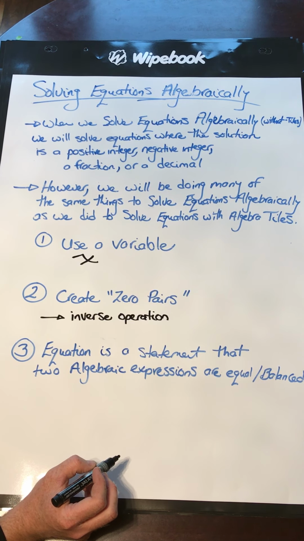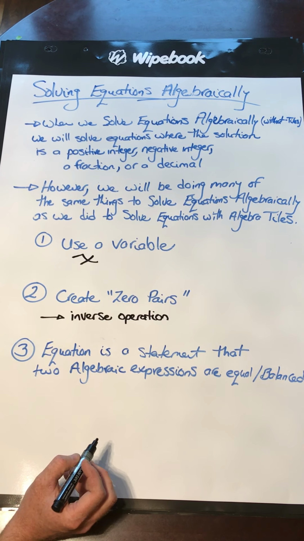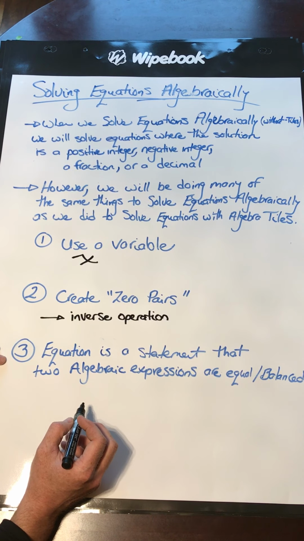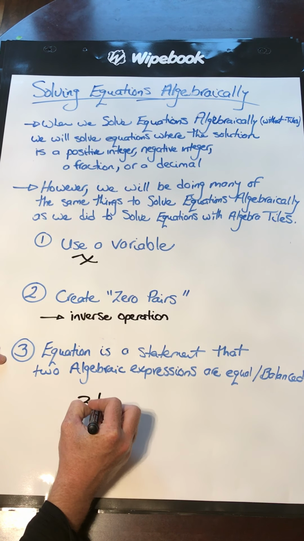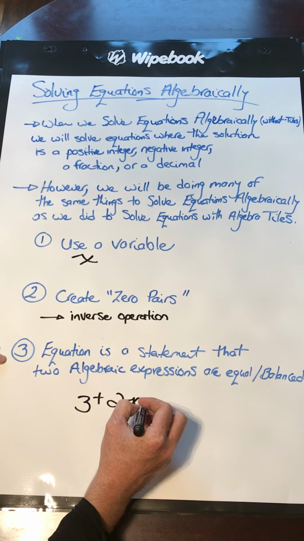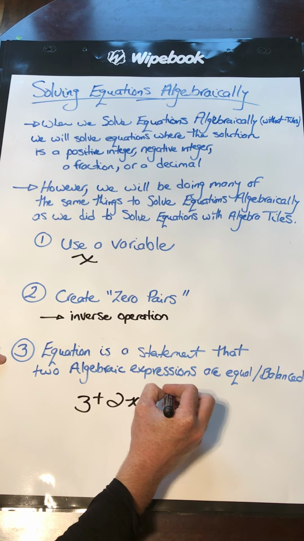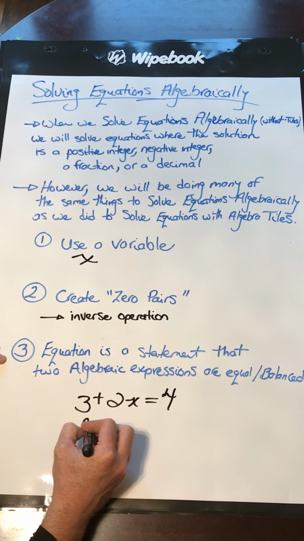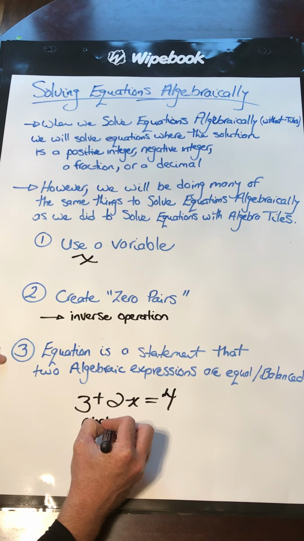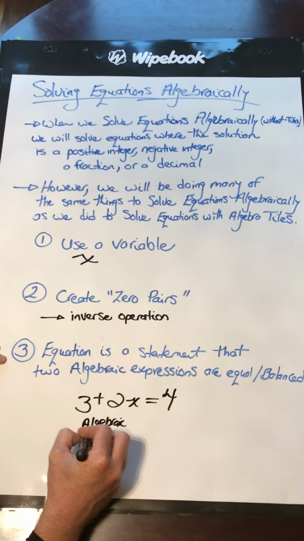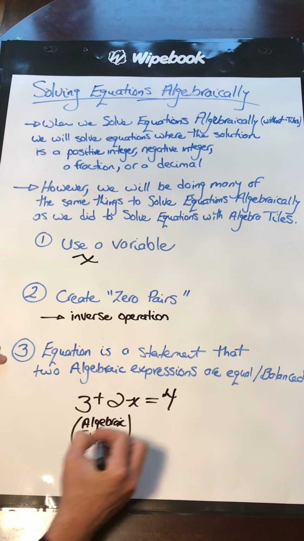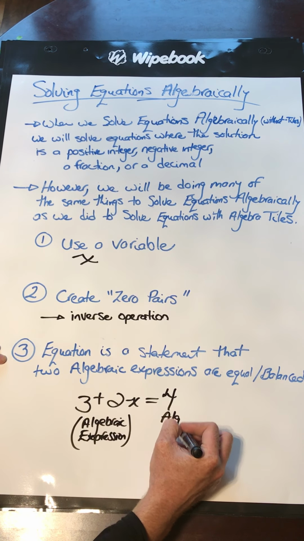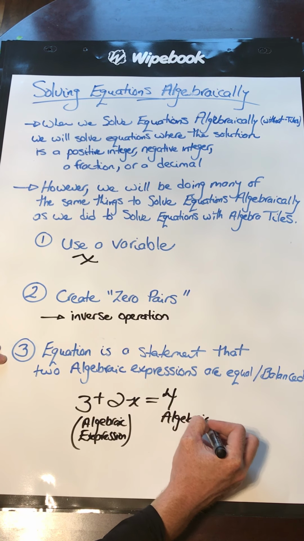We know that an equation is a statement that two algebraic expressions are equal. So something like 3 plus 2x is equal to 4. We have an algebraic expression on this side that is equal to an algebraic expression on this side.